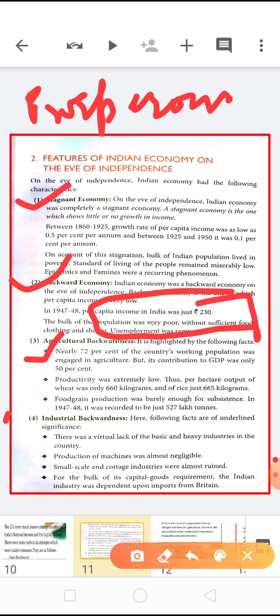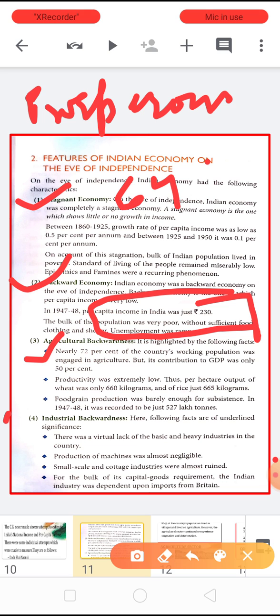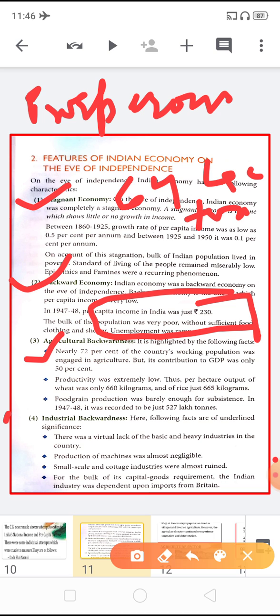The productivity was obviously very low, and if we look at the production of wheat, in the year 1947 it was 64 lakh tons.